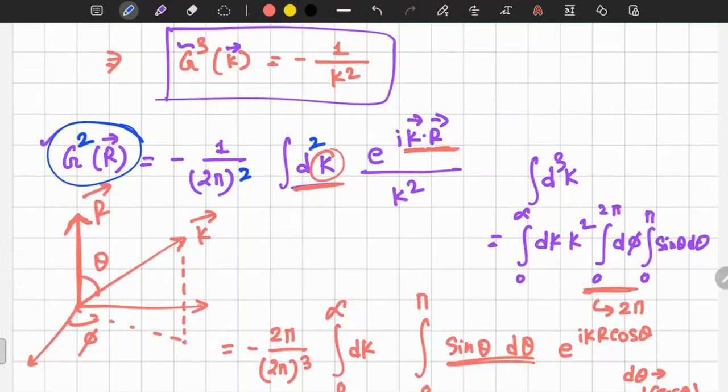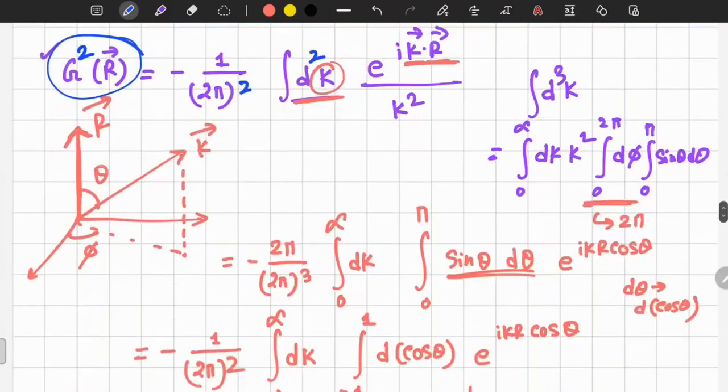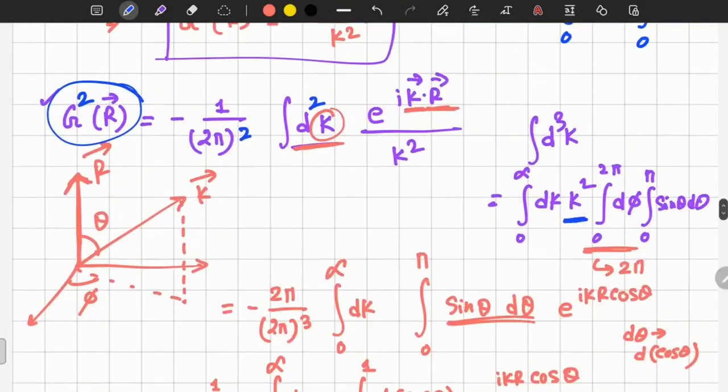In 2 dimensions, d2k is the integral from 0 to infinity of k dk, and then 0 to 2 pi for the angle. Only 2 variables will be there, r and theta. But in the case of 3 dimensions, there is a k square, and this k square cancels with the other k square, if you remember.